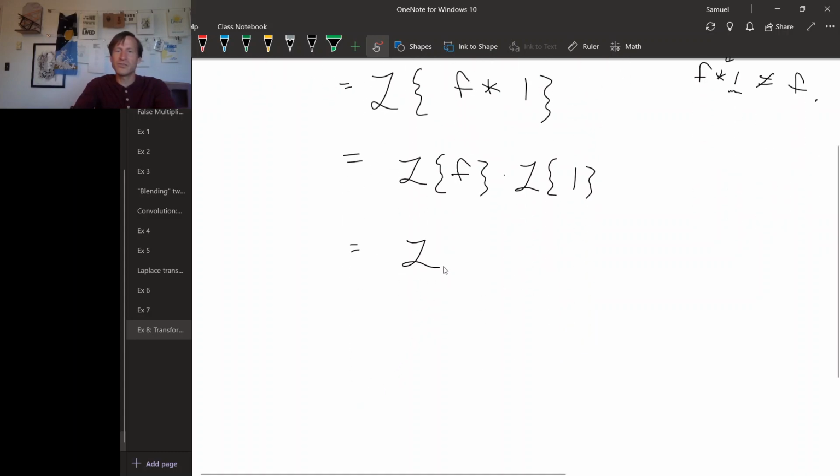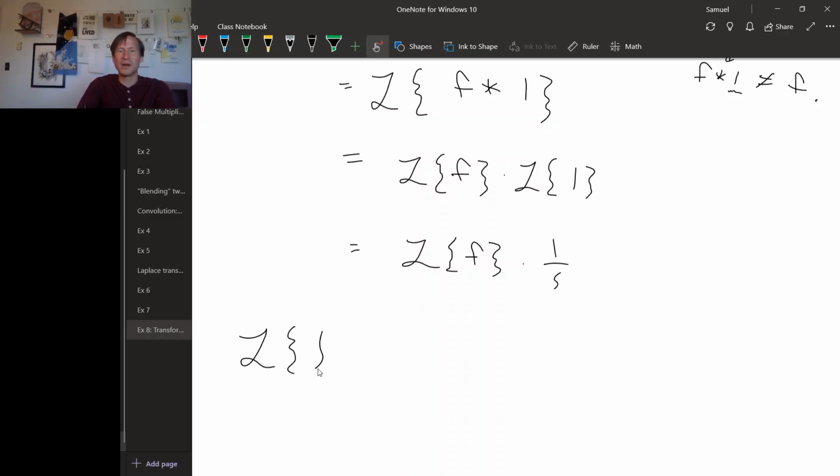Now the Laplace transform of f we can't know because we didn't know f to begin with, but the Laplace transform of 1 is 1 over s. So what we get here is that the Laplace transform of the integral of f from 0 to t is just 1 over s times the Laplace transform of f.